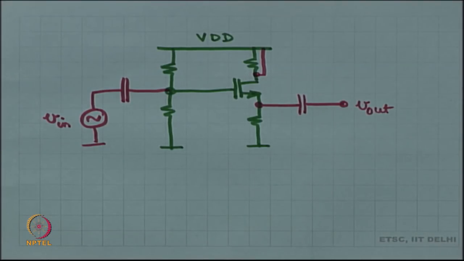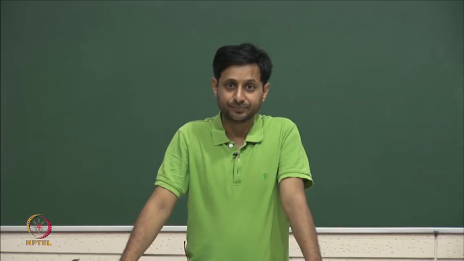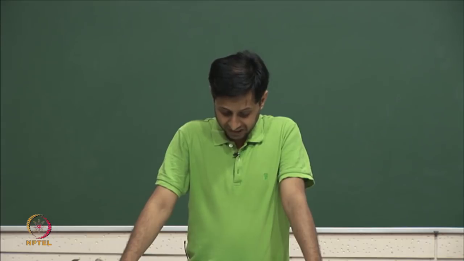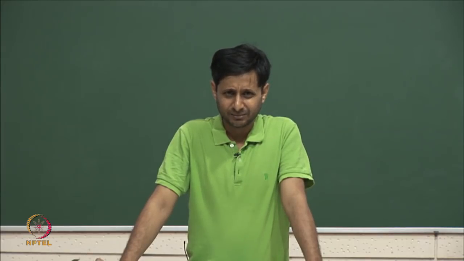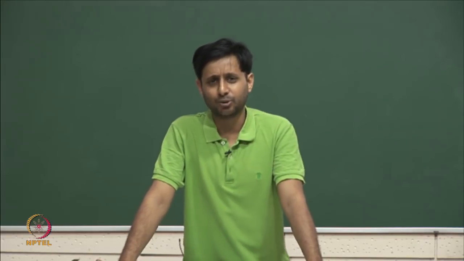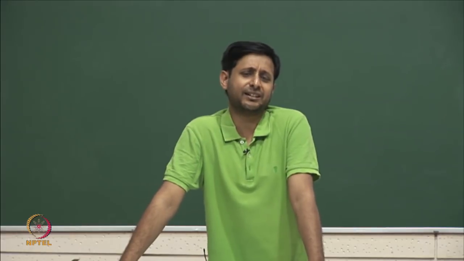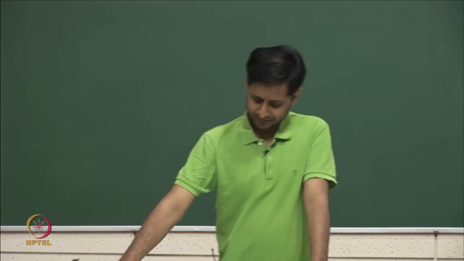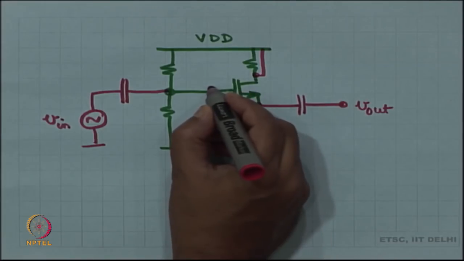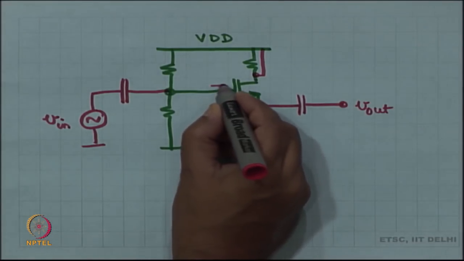You have a question? Okay. So, the question is that why don't you apply input at the source and take the output from the gate? Is that reasonable? Taking an output from a gate, the gate current is always 0. Can you take an output from the gate? This gate does not provide any current, right?